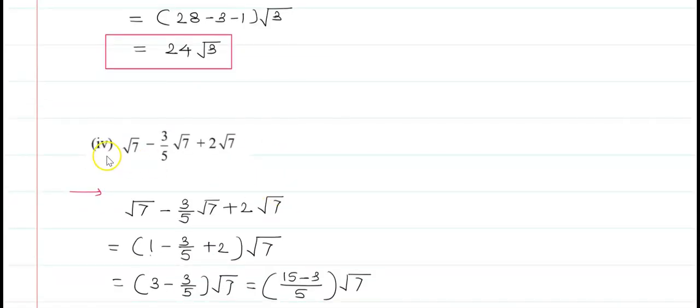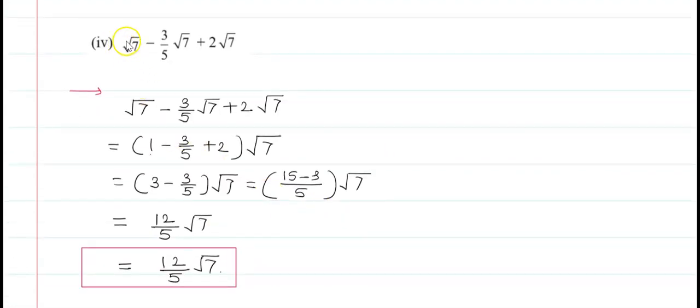Now the next is root of 7 minus 3 by 5 root 7 plus 2 root of 7. In this case, again we have root of 7, root of 7, root of 7. We'll take the root of 7 as common. Then what is remaining here? Here is 1 minus 3 by 5, and here is a 2.